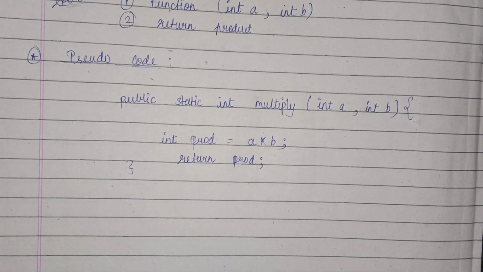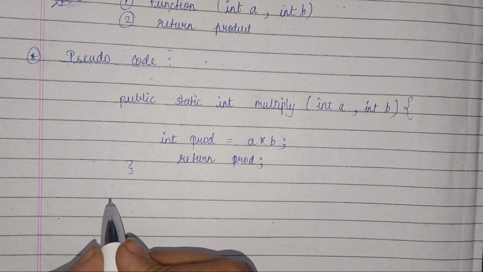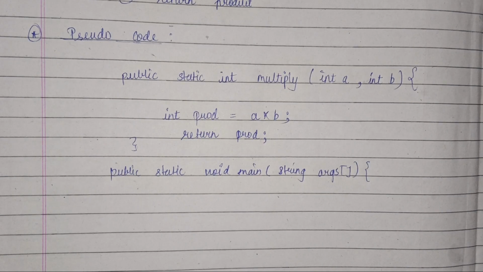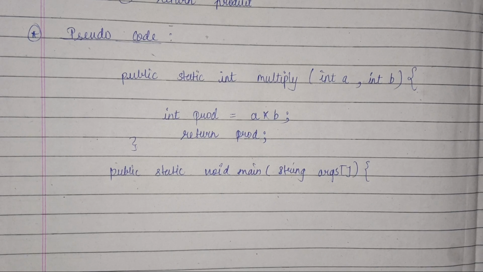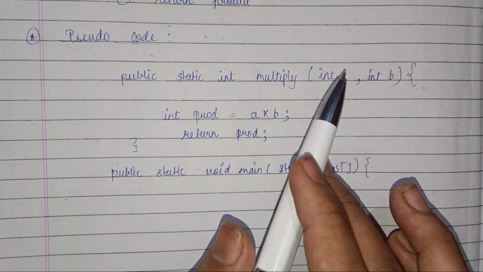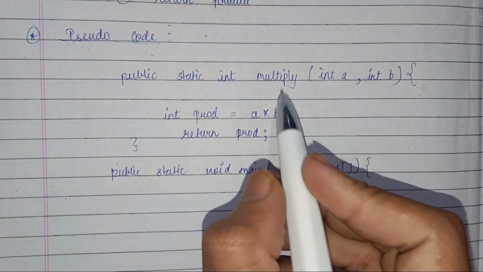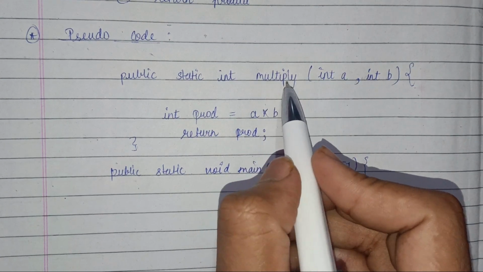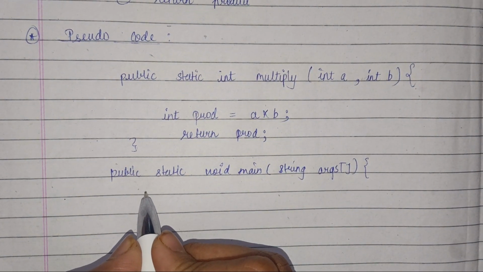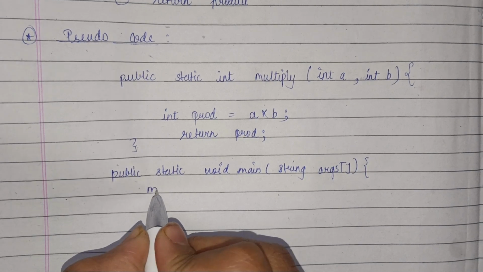Now we have to call the function from the main method. Here we have to write the function name. So here the function name is multiply.